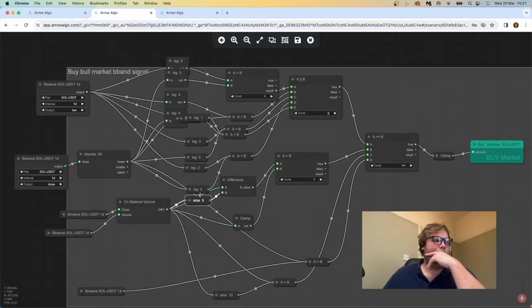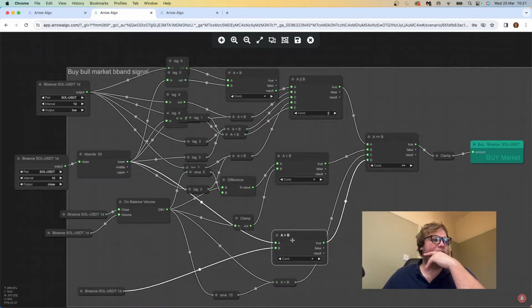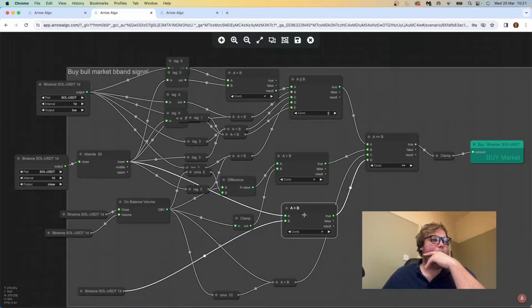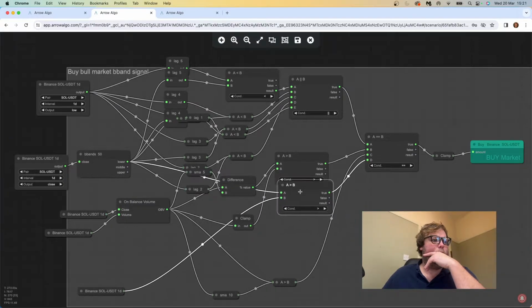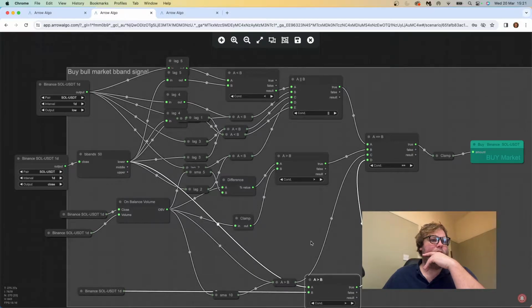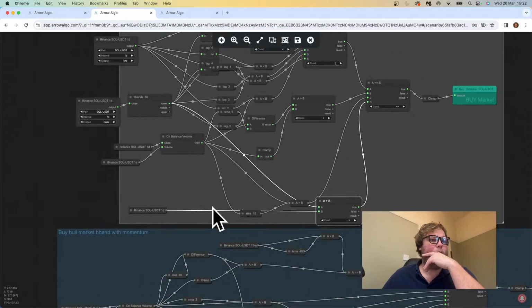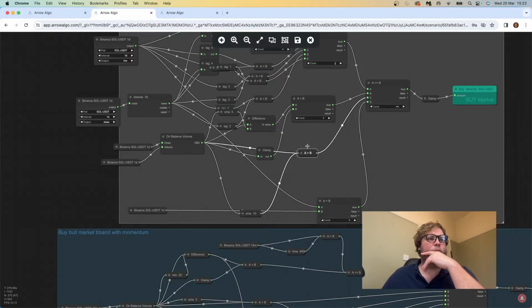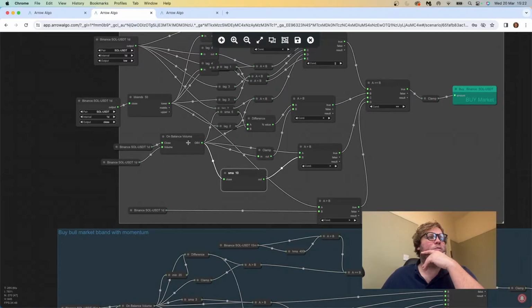And again, in our next rule, we see a similar setup. So condition C within here, we're looking for, again, is the on-balance volume higher than the 10-day moving average of the on-balance volume?